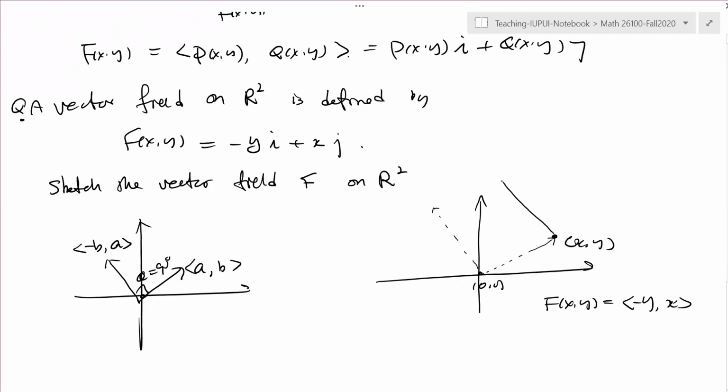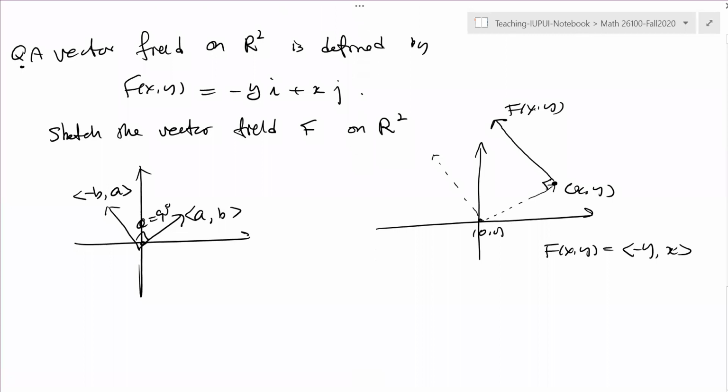So this is my vector if you want to draw it. This will be F(x, y), and that's perpendicular. You have a family of vectors on the plane corresponding to the same notation, (negative y, x), but we have to draw one at the particular point (x, y).